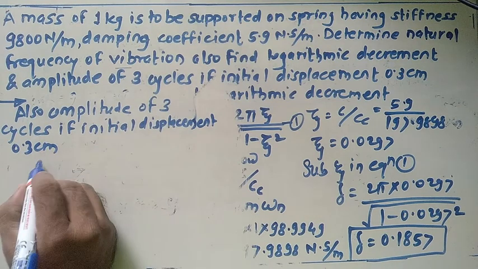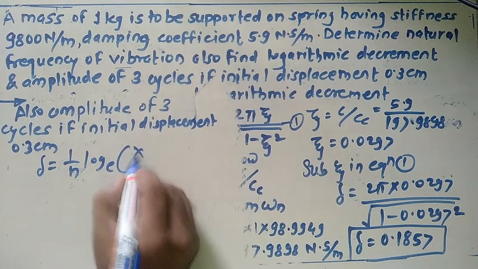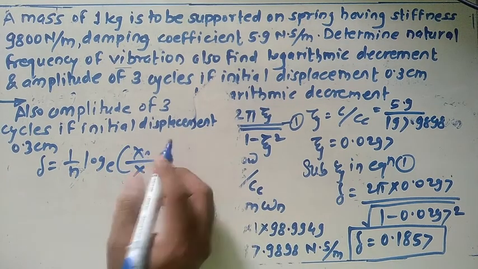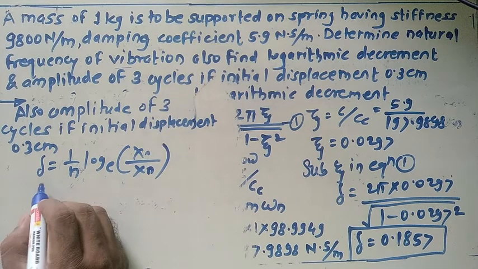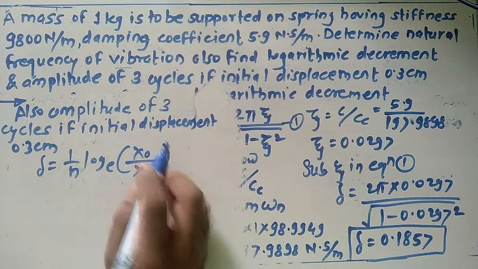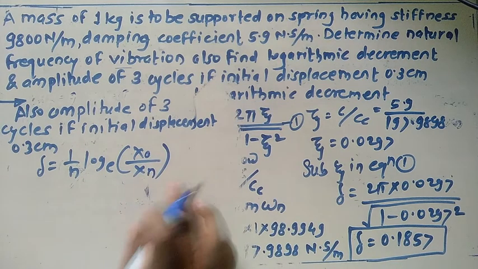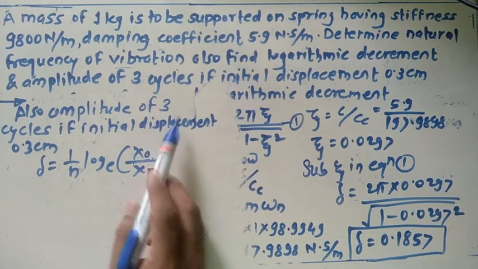Once again, delta we know is 1 upon n log to the base e x naught divided by xn. This is the relation with us. My aim is to get the value for the amplitude corresponding to the third cycle.